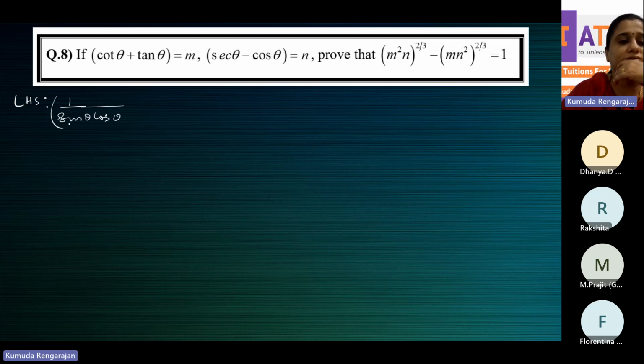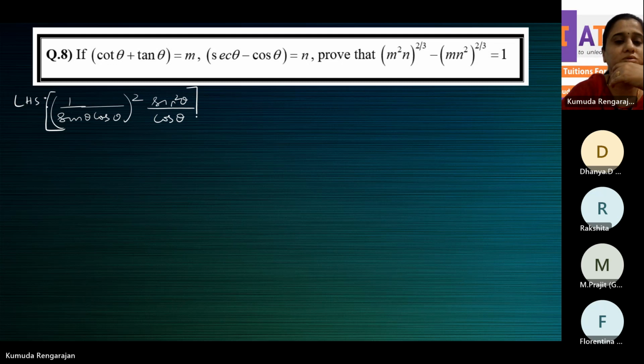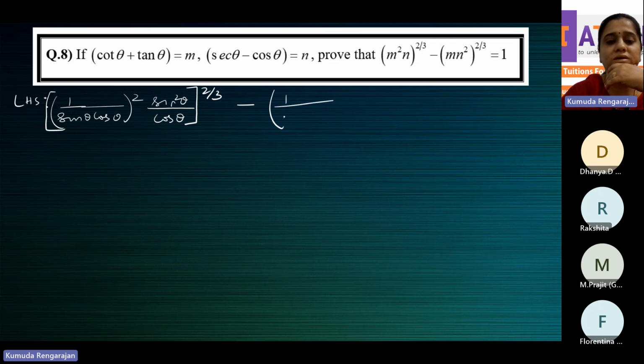M square into N, N is sin square theta by cos theta. The whole thing is raised to the power 2 by 3, minus M. M is 1 by sin theta cos theta.